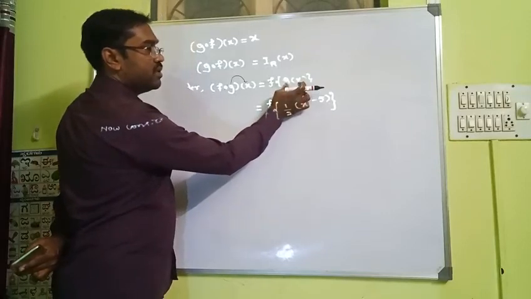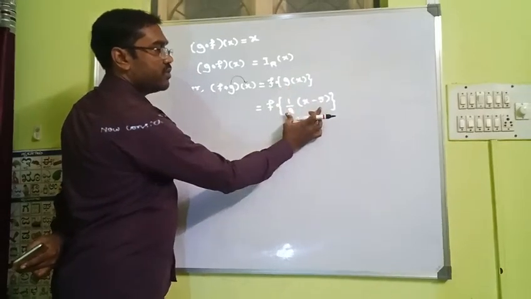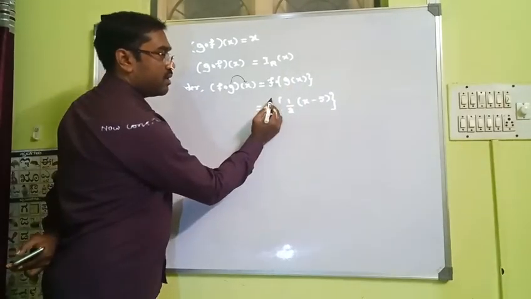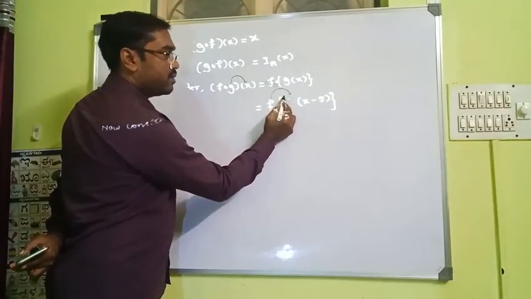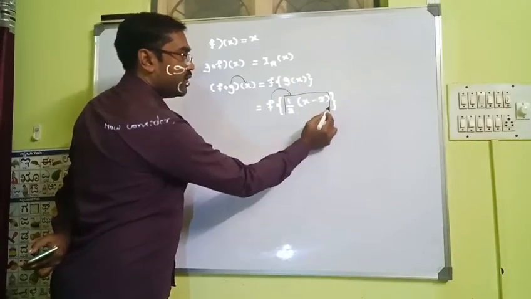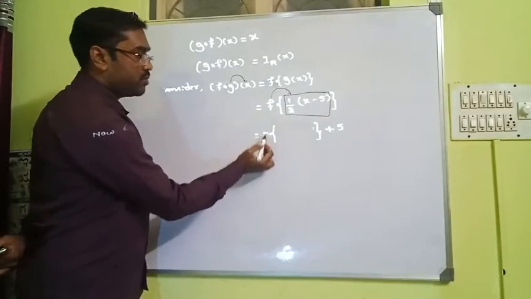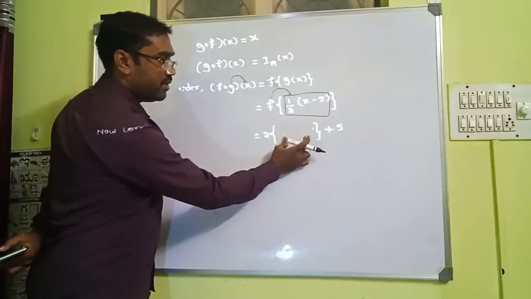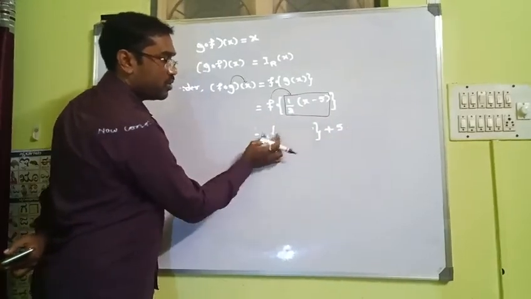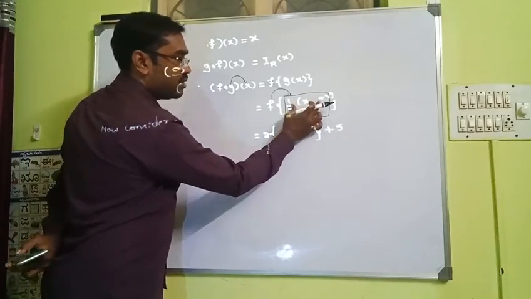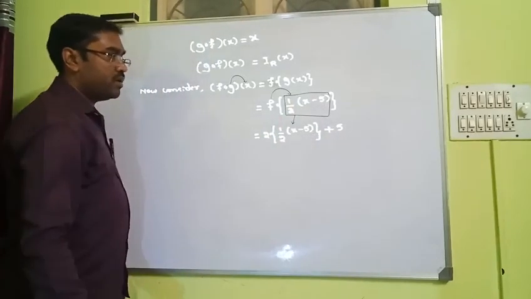So we have applied the function g on x, as given in the question. Now let us apply f on this element. Now we consider this as one element and we apply f on this. What does it become? 2 into element plus 5. What is the element? The element is this. Let us substitute this element here.